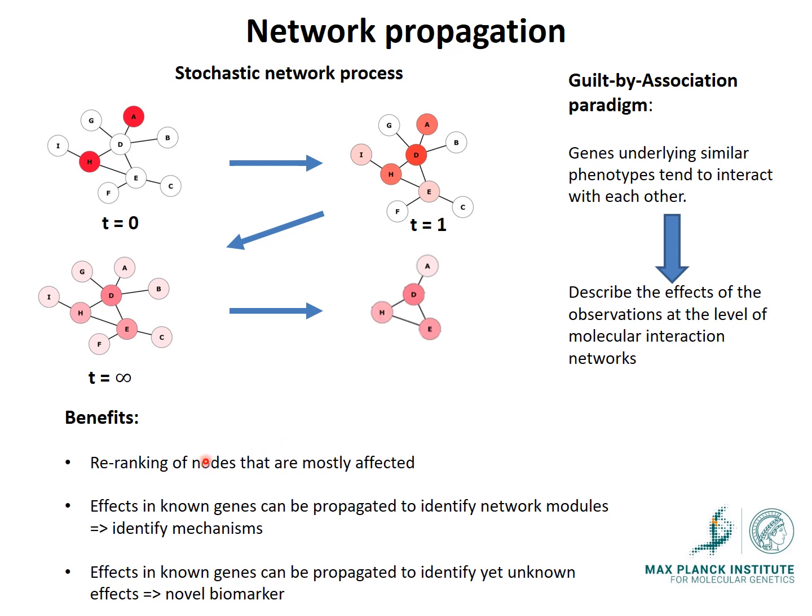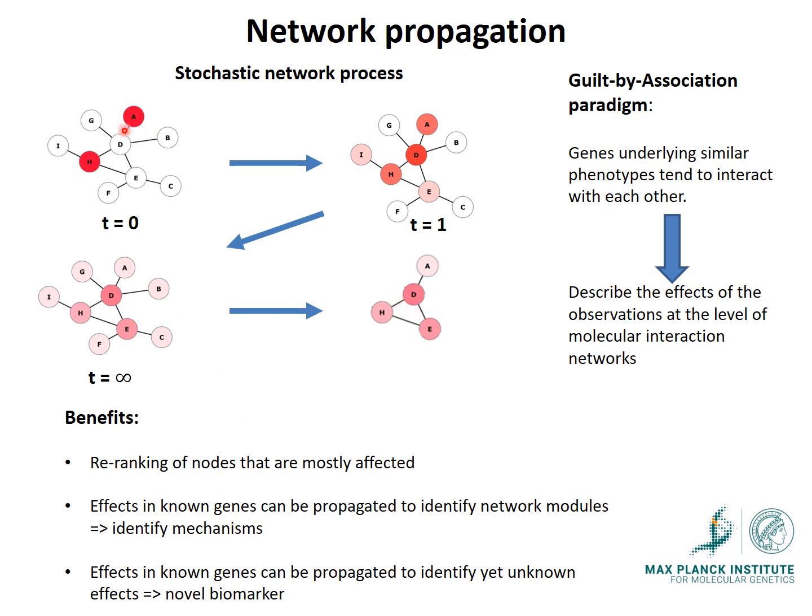This has the benefit that the nodes get re-ranked compared to the initial situation, that effects in the known genes can be propagated to identify network modules and thus better describe the mechanisms underlying the phenotype of interest.